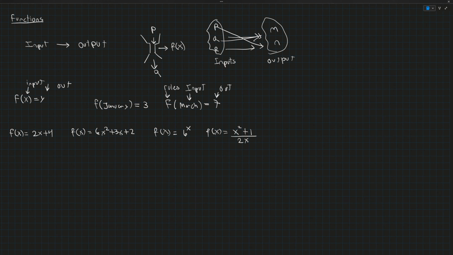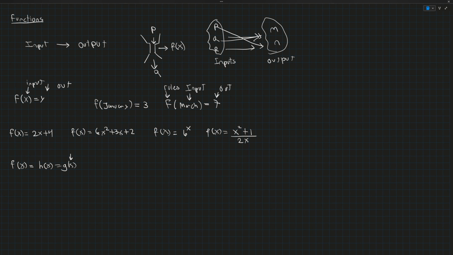Because again, we could input anything into here, and then following these rules, they will give us some output. For example, this is the way you read it, f of x. You could also have h of x. You could technically have g of x. You could have any letter in terms of a function.